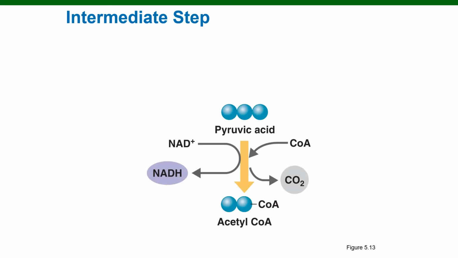Following glycolysis, the intermediate step occurs, and sometimes, in some books, will describe the intermediate step as the transitional step. So another name for it can be the transitional step. And what this step involves is that the products from glycolysis enter in.